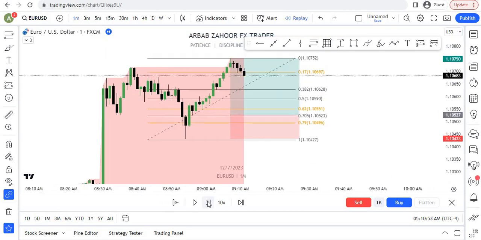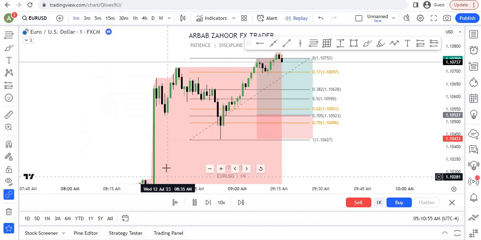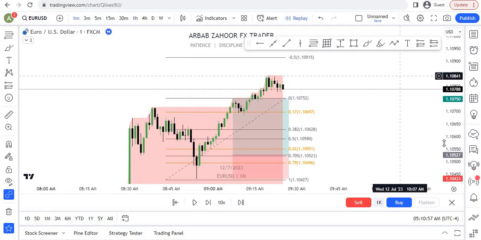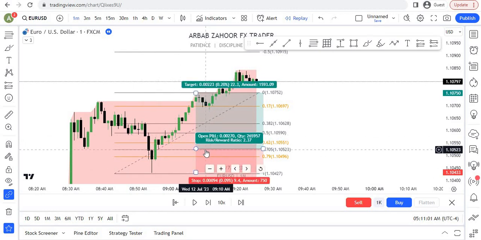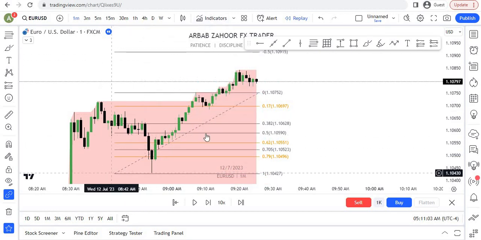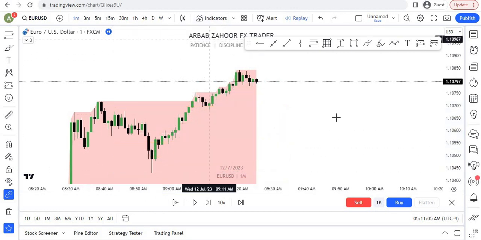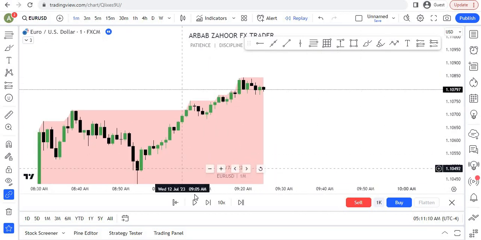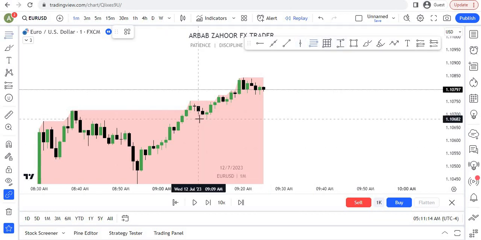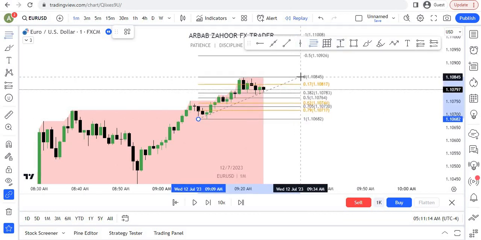Okay, let's see, do we get a trade or no? Okay, we didn't get a trade, we go upside. Once we go upside, what we have to do is find a valid swing structure again, from here to here.